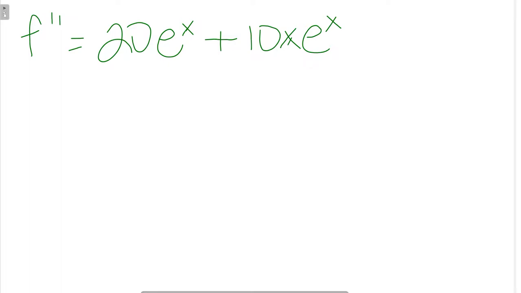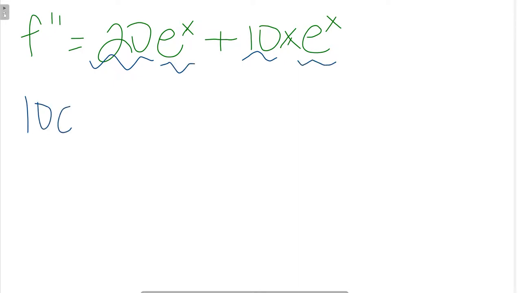And thank goodness, because we really don't need one more thing to do in this problem. But we do have to figure out where this ugly thing equals 0. So factoring is going to be our friend. I don't even have room to rewrite this problem, so we're going to factor this. Let's look just at our numbers. We can take out a 10, and we can take out an e to the x from both.